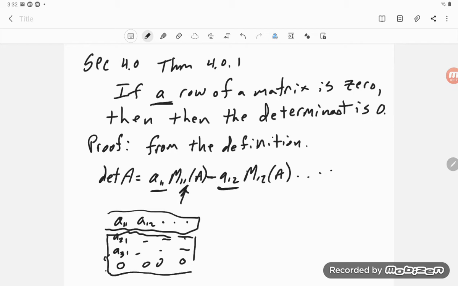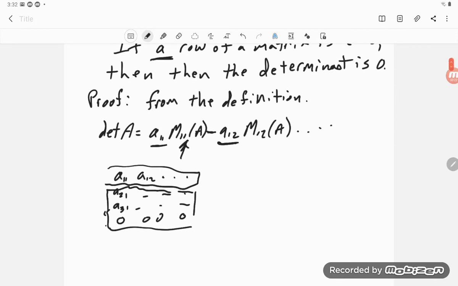But those minors are determinants, and so for each of those, they're going to take part of a row or whatever, and use this definition up here for determinant and work on that. But those are not 0. And then their minors are going to be based on this row.